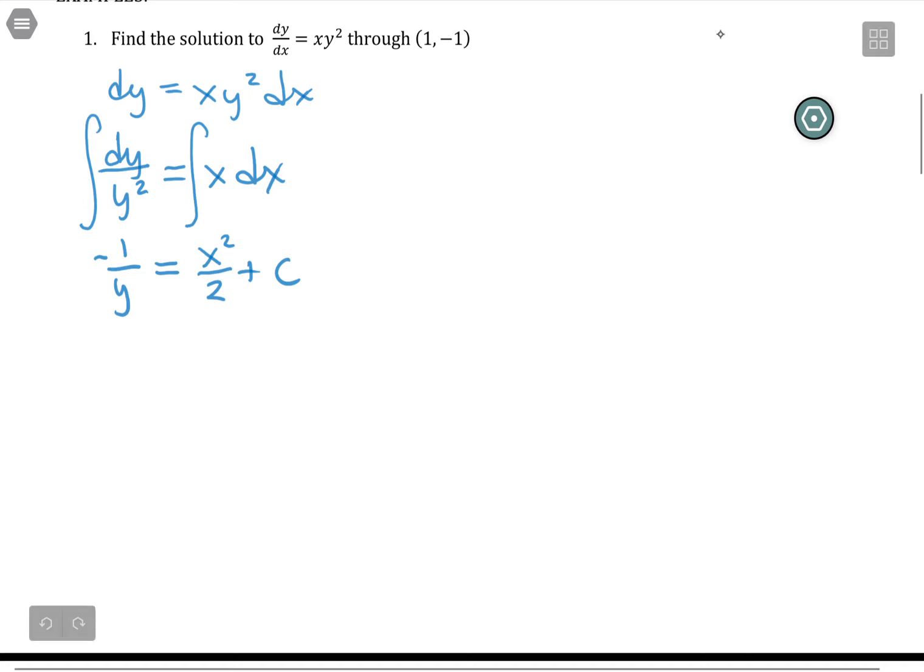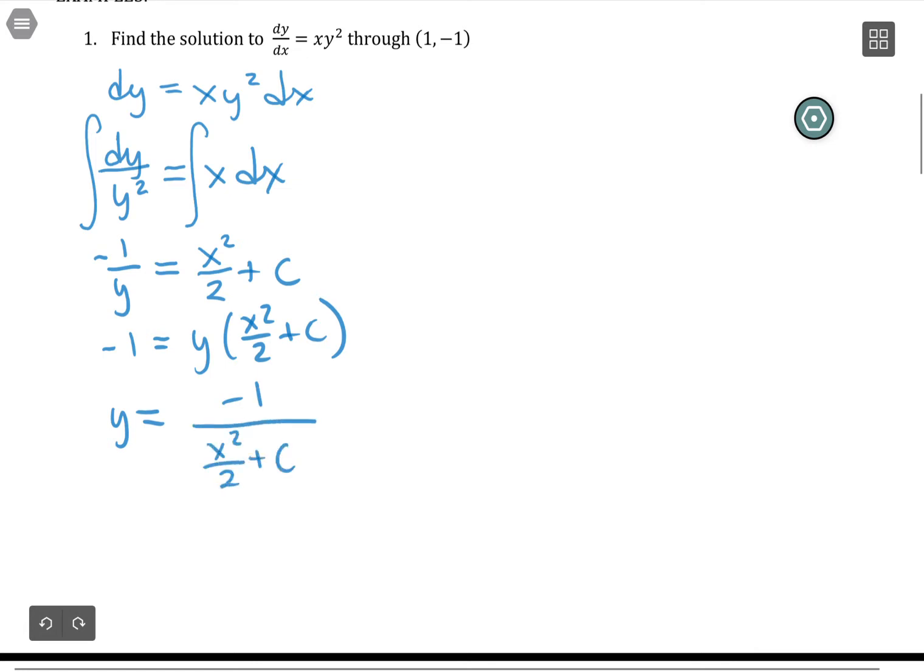So I'm going to start by multiplying by y. And then I'm going to go ahead and just divide out all of that stuff. So I get y equals, I'm going to flip-flop sides on you, -1 over x squared over 2 plus c. I'm going to go ahead and multiply by 2 so that I don't have to look at fractions in fractions.